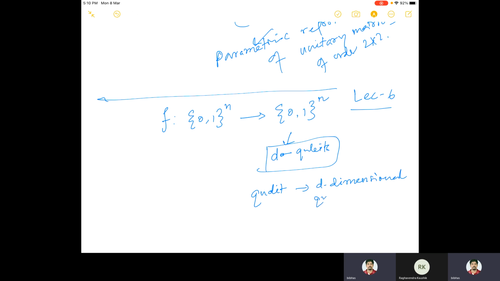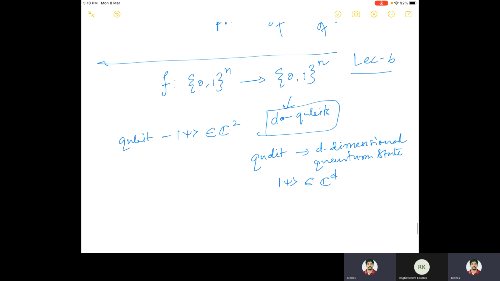For example, a qubit is some unit vector, mathematically, in C squared. It is a normalized vector, so it has unit norm, and its dimension is d.